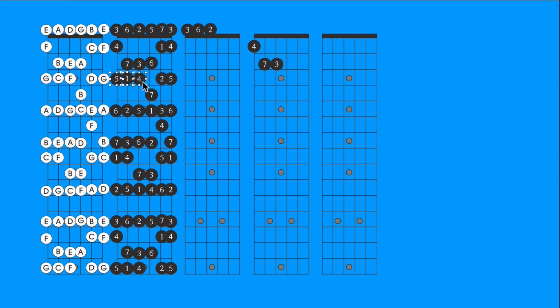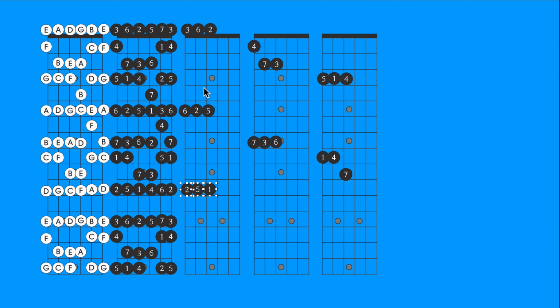Then 5, 1, 4, move it over here, and then 6, 2, 5, and then we have 7, 3, 6, and then notice that the 1, 4, 7, and then 2, 5, 1.